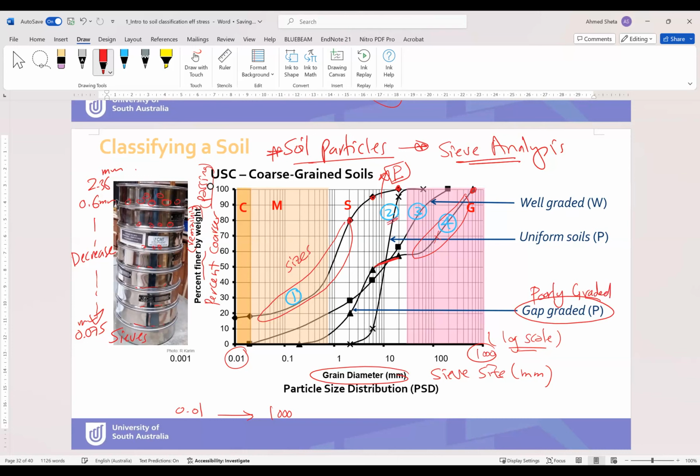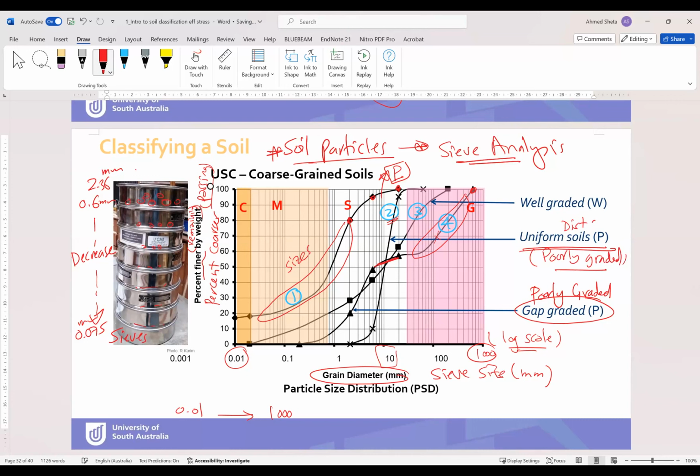If we look at number 2, as you can see, most of the particles are around this size. So number 2 is a uniformly distributed soil or poorly graded soil. Okay, so which one is the best one?